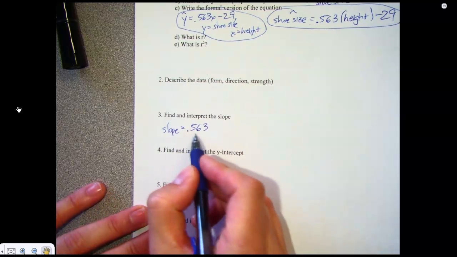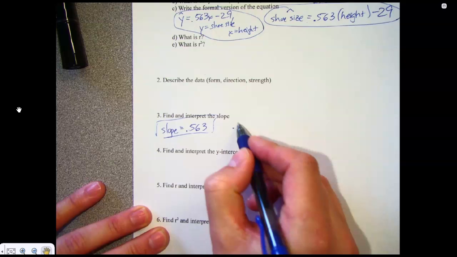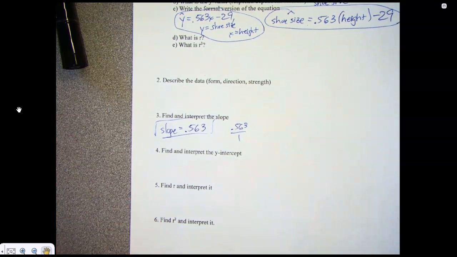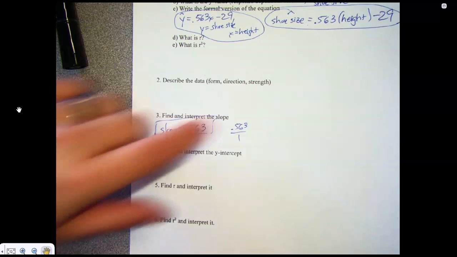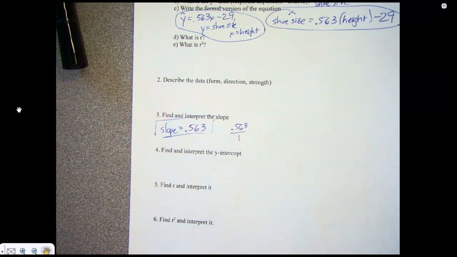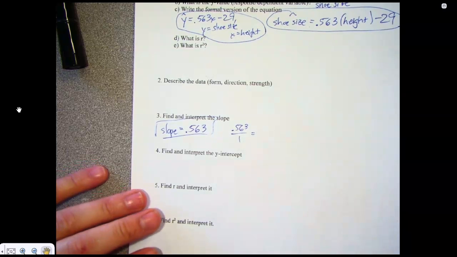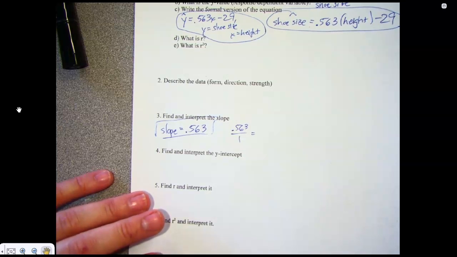So I'm going to put this over 1, because I want slope to be a fraction. Sometimes it is a fraction, like 3 over 2, and then it already is. But if it's not, I'm going to put it over 1 because it's easier for me to think about it in that way. And then slope is the change in y over the change in x.